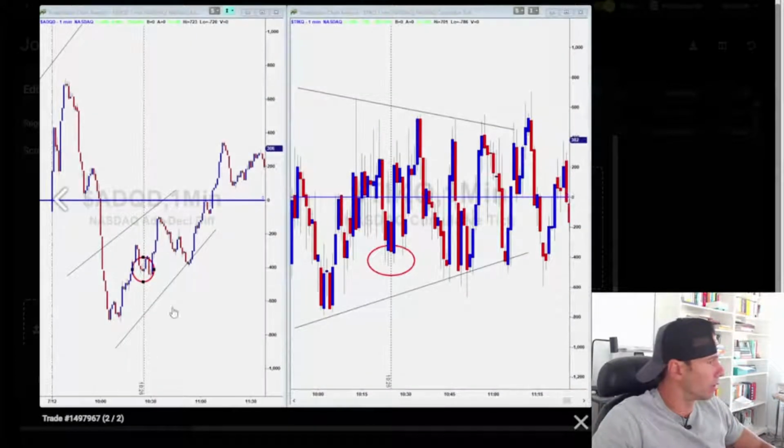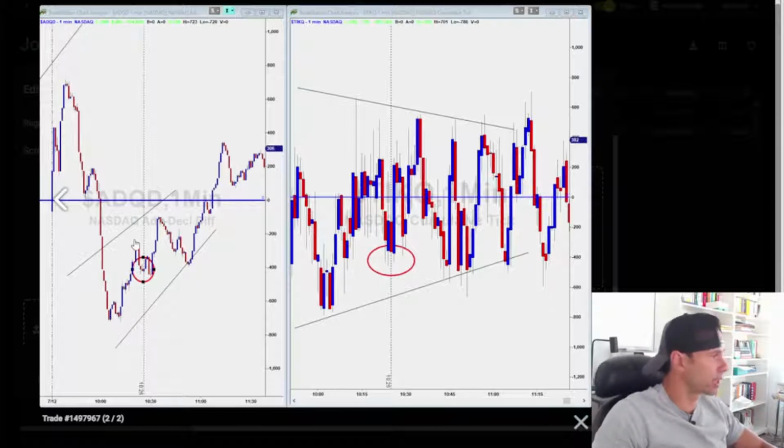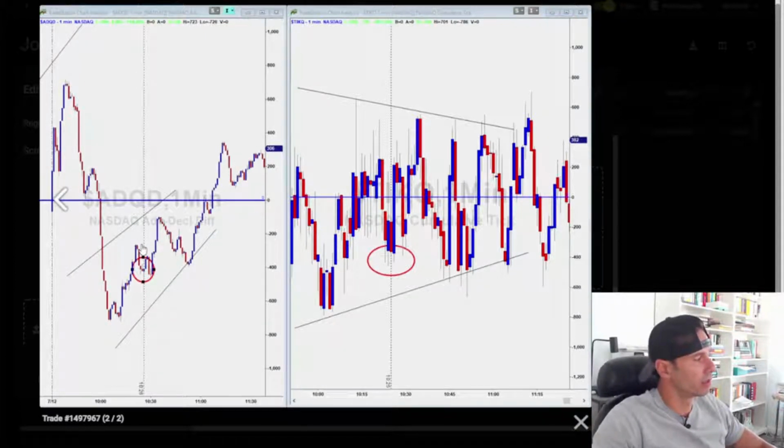If we go look at the internals, the ADQD was certainly trending down. But after this rejection, I was watching the dollar, and I will go back to the dollar chart later in this video. I was expecting the dollar to drop.